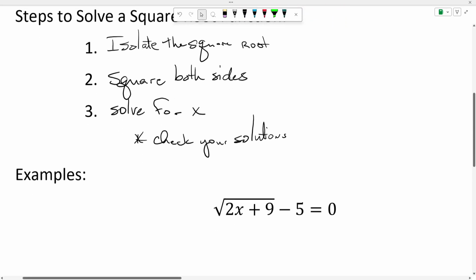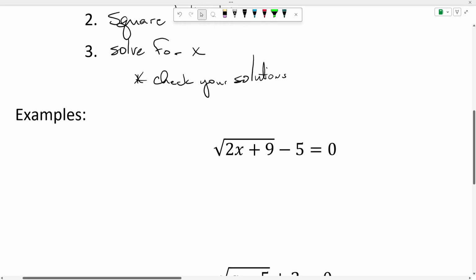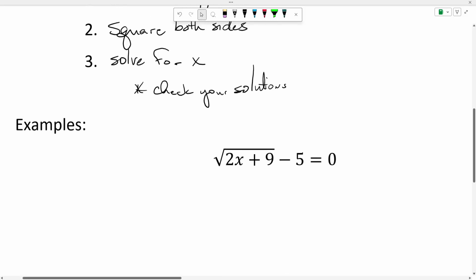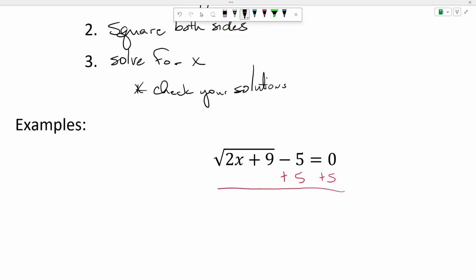Looking at our first example right here, we have the square root of 2x plus 9 minus 5 is equal to 0. So the first thing I need to do is get that 5 over to the other side so I can isolate my square root. So I'm going to add 5 to both sides of my equation. I now have the square root of 2x plus 9 is equal to 5.